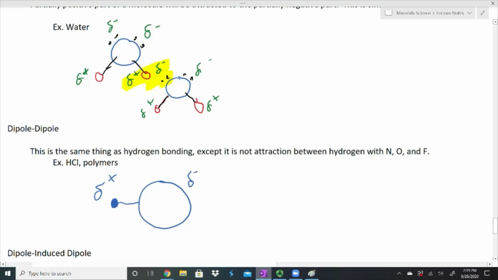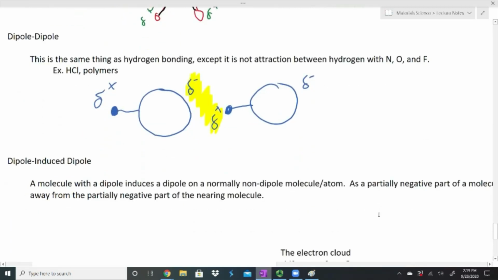And as it gets close to other molecules, this molecule is partially positive and partially negative. And again, this negative side and this positive side are going to be attracted. And when we take enough thermal energy out, they're going to stick together.